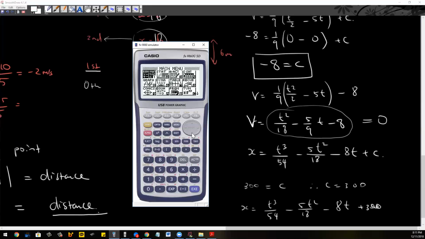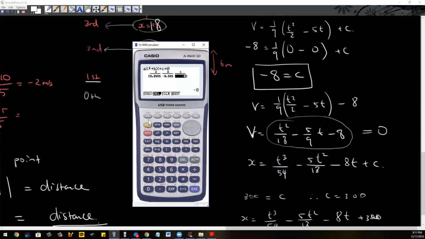I'm just going to use my calculator. You guys have one of these, right? Yeah. So something similar. I'm just going to solve this quadratic equation equals 0. So I'm going to write 1 on 18 here, and then negative 5 on 9, and then minus 8, and see when this velocity becomes 0.